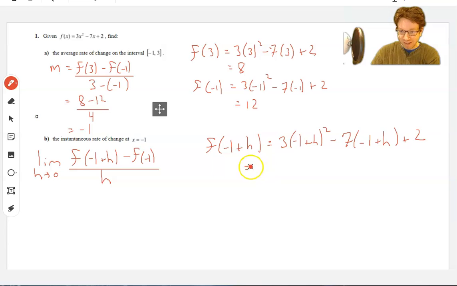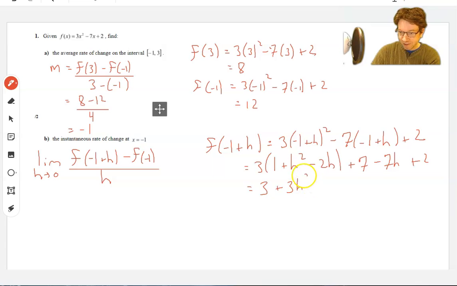Alright, so expand that. We end up with 3 times 1 plus h squared minus 2h, plus 7 minus 7h, and we still got that plus 2 on the end. Alright, distribute the 3, so 3 plus 3h squared minus 6h minus 7h, and 7 plus 2 is 9. And just collect like terms.